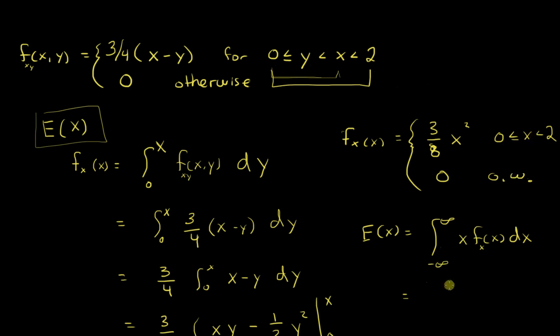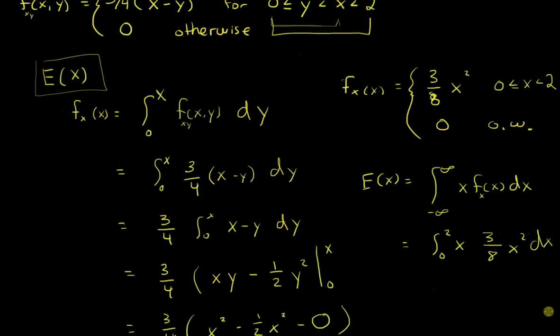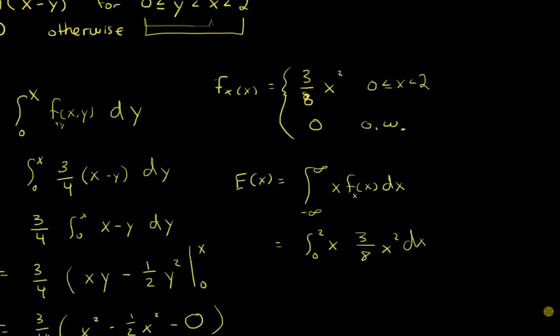X goes from 0 to 2, so I'll do my bounds from 0 to 2. Otherwise it's 0, so from negative infinity to 0 and 2 to infinity the integral is just 0, so I don't need to write it here. X times the value of f of x, 3/8 x squared dx.